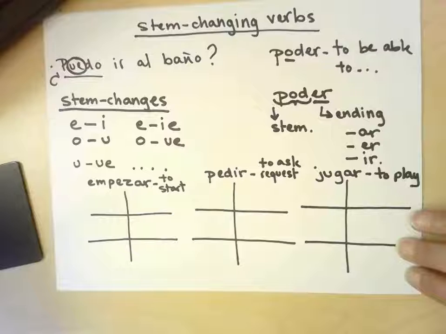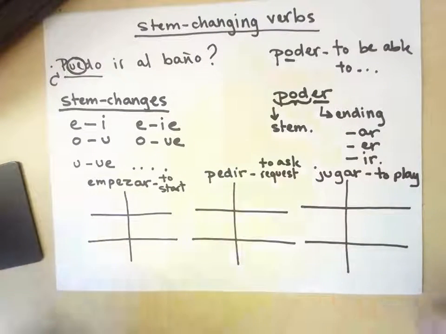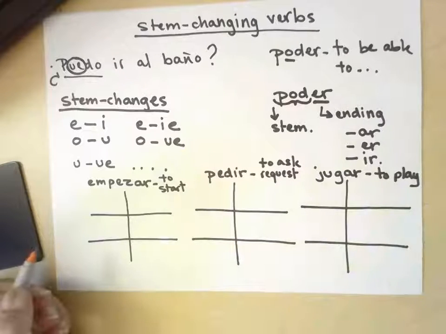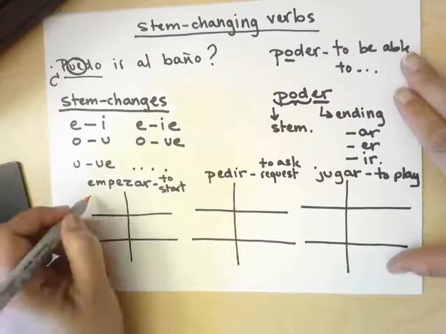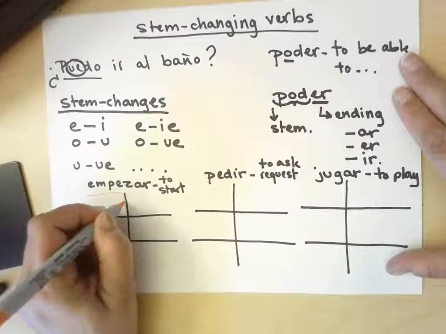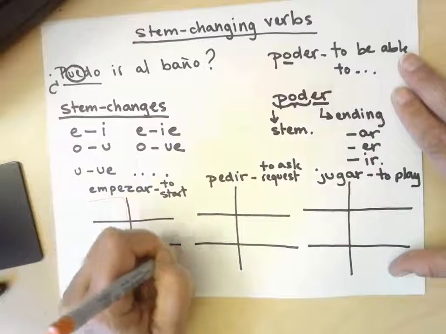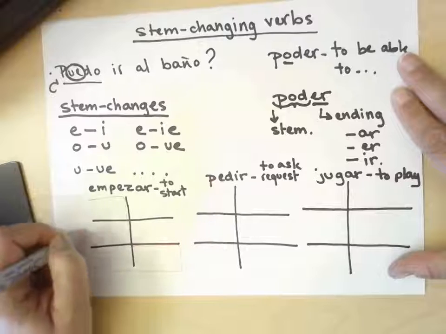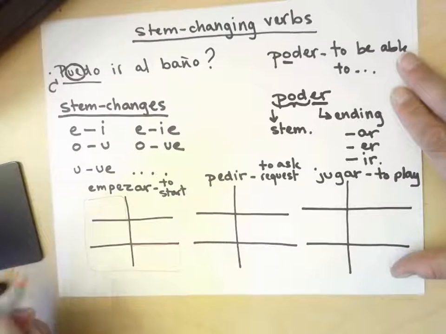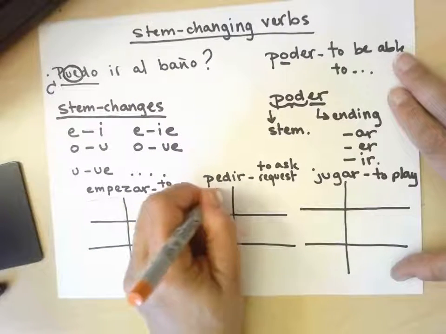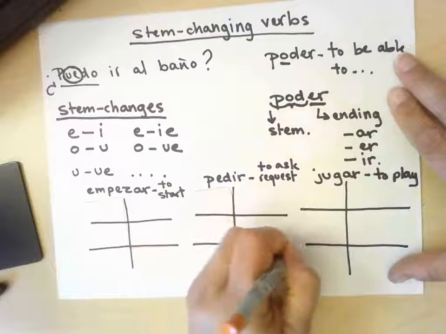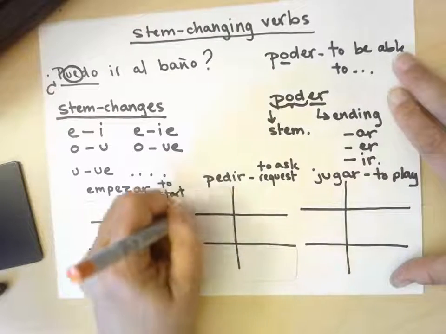Muy importante. Extremadamente importante, chicos. The one thing about stem changing verbs is that we have what we call the boot. And notice, I am drawing out here the boot. So, you should all be doing the same. Dibujamos la bota.